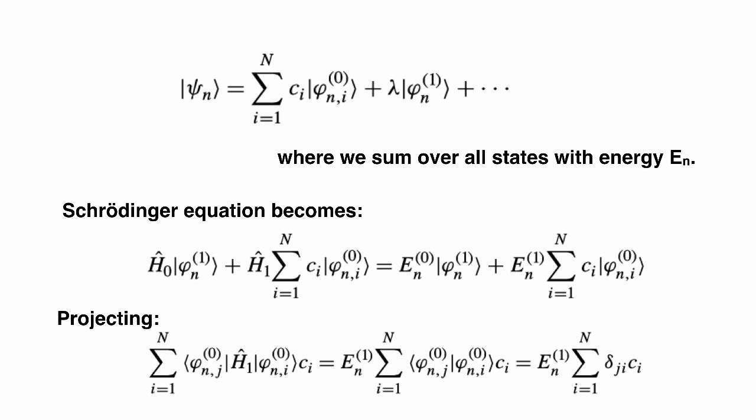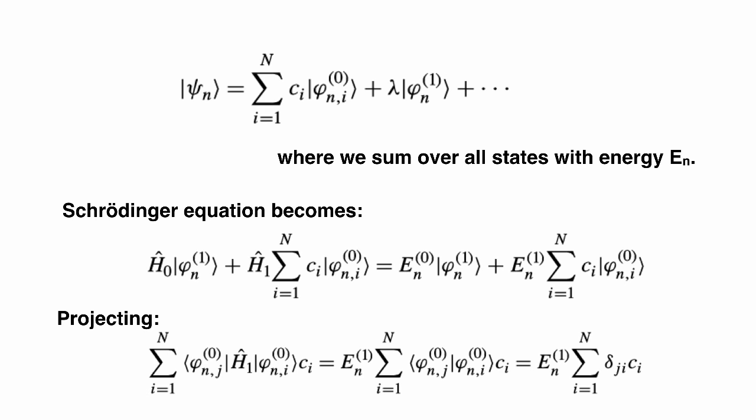How we go from the equation in the center of the slide to the equation at the bottom of the slide is by remembering that when I project with phi n j, the first term on both sides of the equal sign do cancel, right?